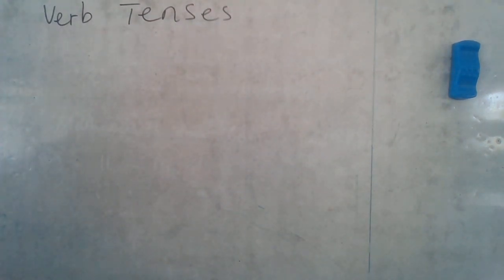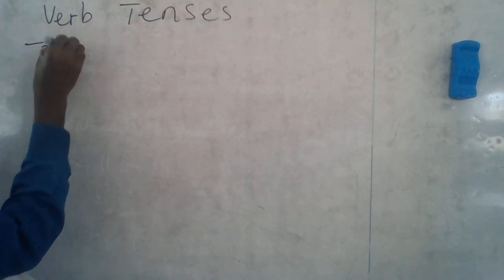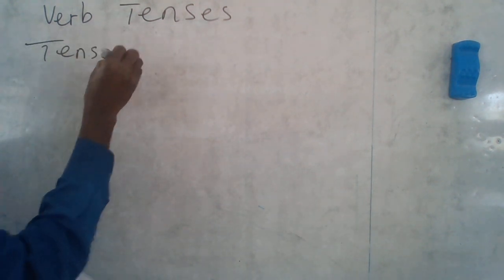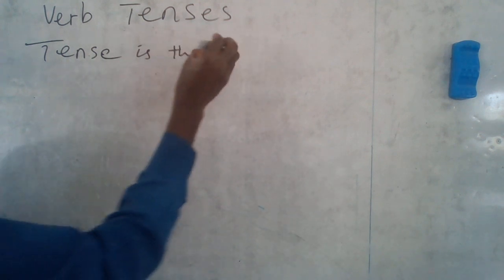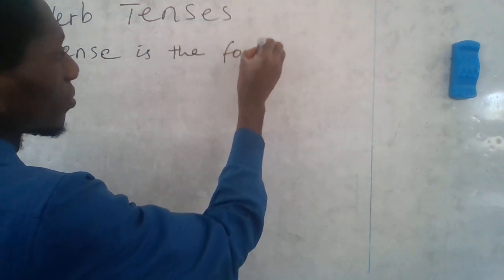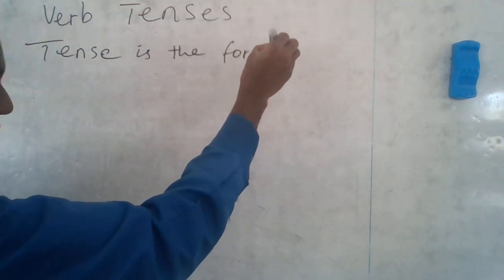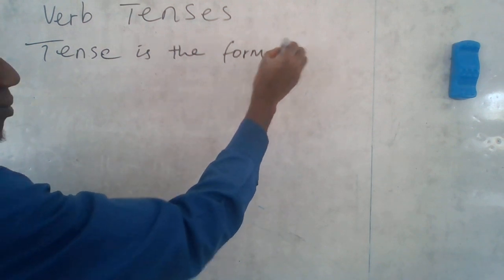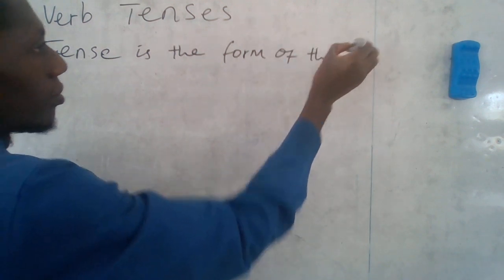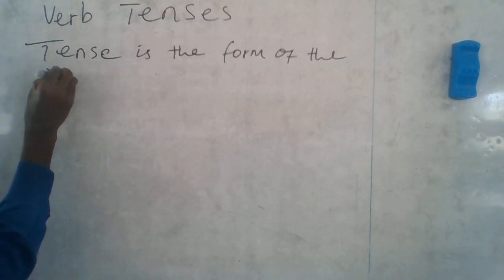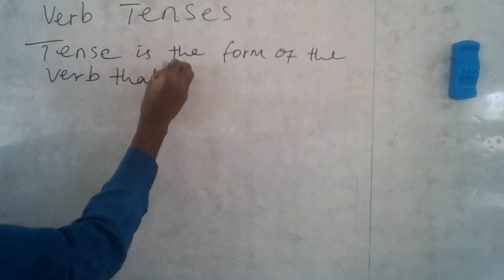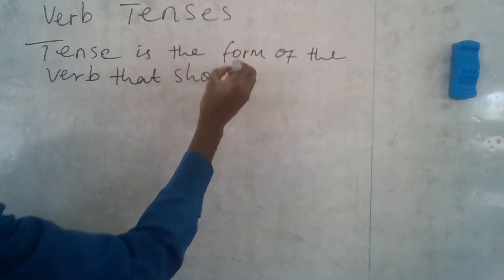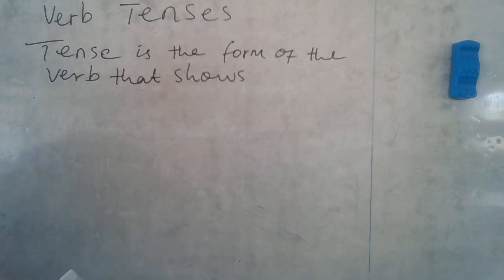Okay, let's say, so as I said, just as I said, tense is the form of the verb that shows time or an action or a state.